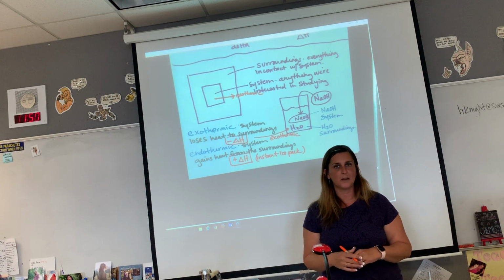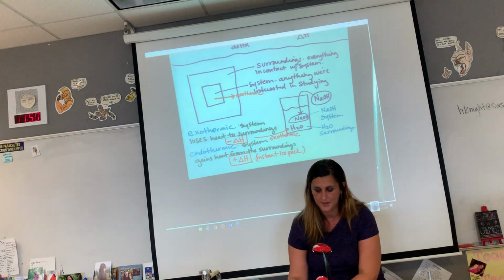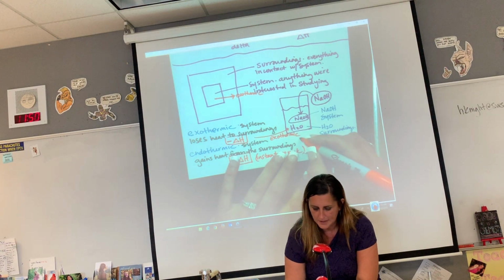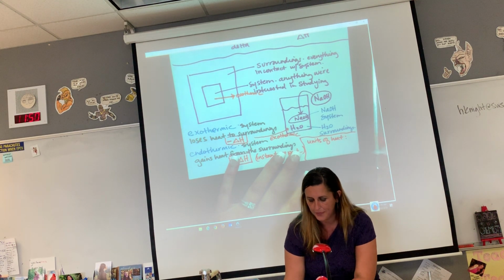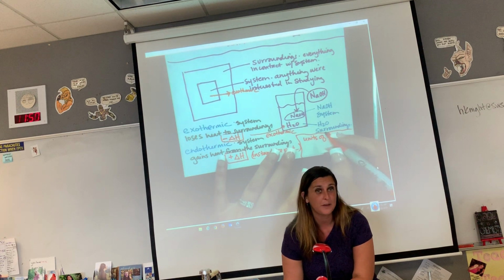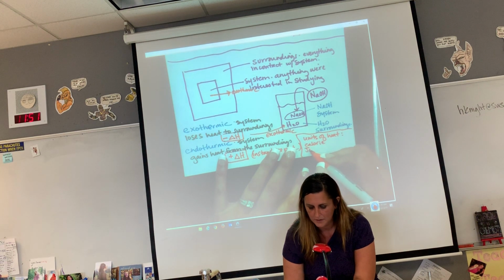And the last thing I want to talk about are the units in which we measure enthalpy or heat. So I'm going to put this over here in the corner. The units of heat that we use, or enthalpy, there's three really common ones. The first one is a calorie. The second one is a joule. And the last one is related to a joule, that's called a kilojoule.